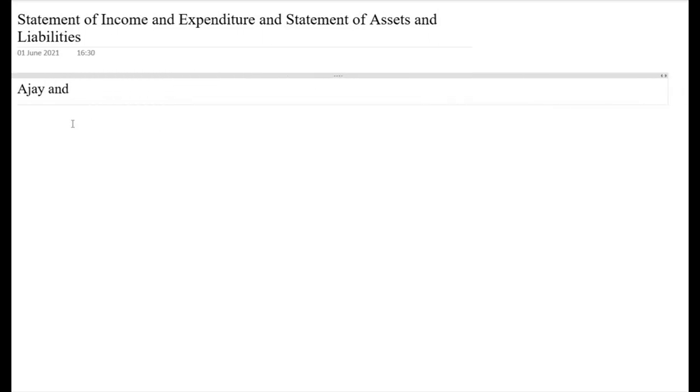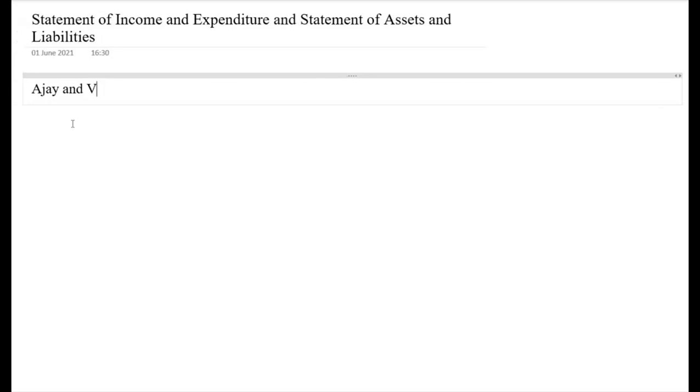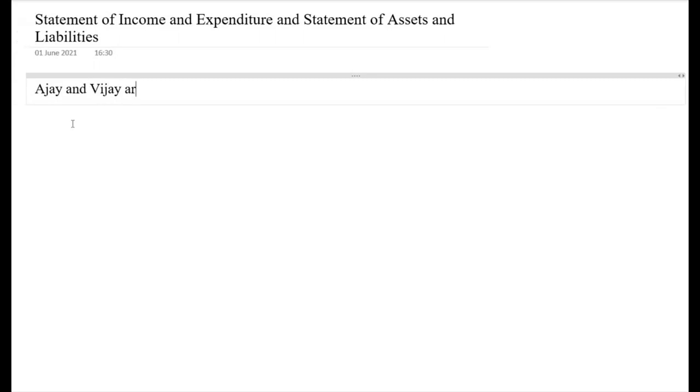The problem is like this here. Ajay and Vijay are partners in LLP. They share profits and losses in the ratio of 2:1.